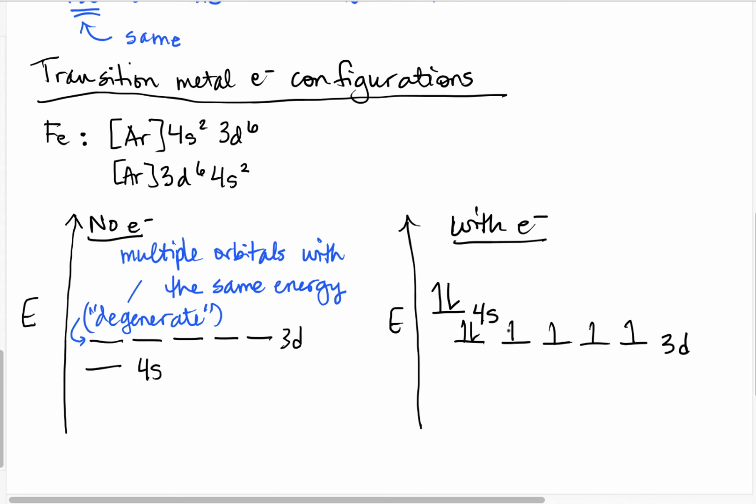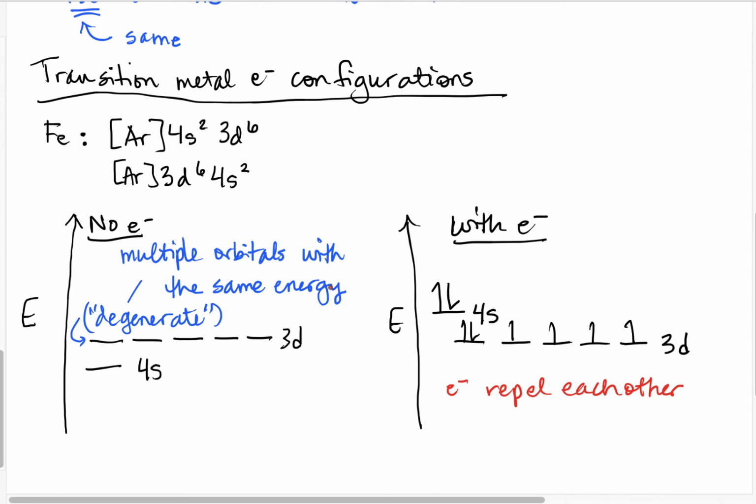We have 6 3d electrons. Also notice that these electrons are going to preferentially not pair, and that's because electrons repel each other. They only pair up if they absolutely have to, because otherwise there's this electron-electron repulsion energy that we have to overcome. So it takes less energy to put these electrons in separate orbitals than to pair them up.